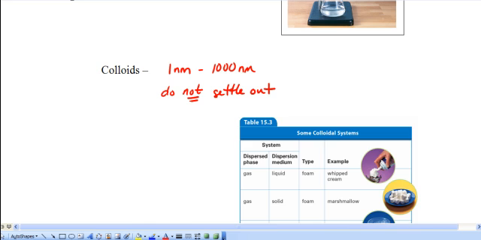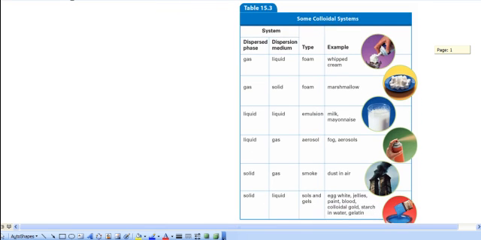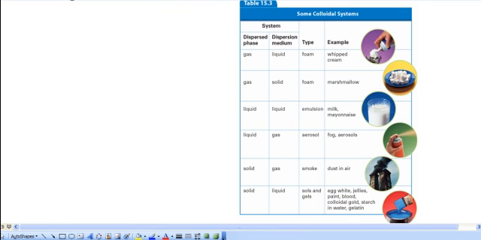Alright, so these things are going to stay in suspension, and you actually know a lot of colloids. You probably just haven't talked about them in terms of being called a colloid. For example, whipped cream, marshmallows, milk, mayonnaise, hairsprays, dust, paints, jellies. These are all actually colloidal systems.